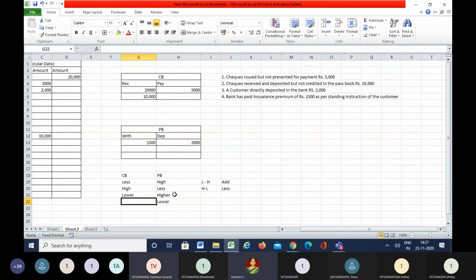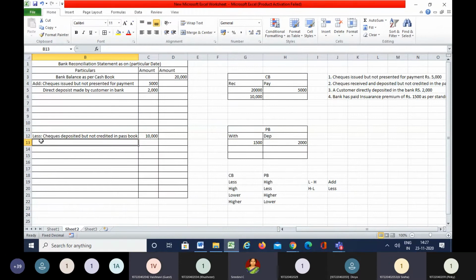Cash book. Now what are you going to do? Higher to the lower, less. Insurance premium paid by the bank.